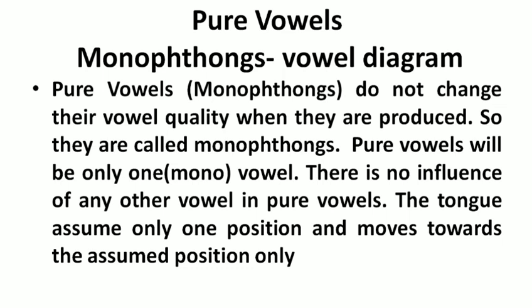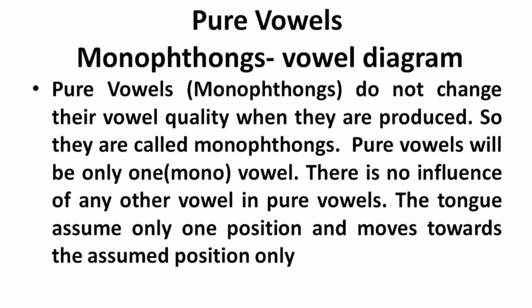So they are called monophthongs. Pure vowels are only one vowel, with no influence of any other vowel. The tongue assumes only one position and moves towards that position only. But in the case of diphthongs, there is vowel quality changing.